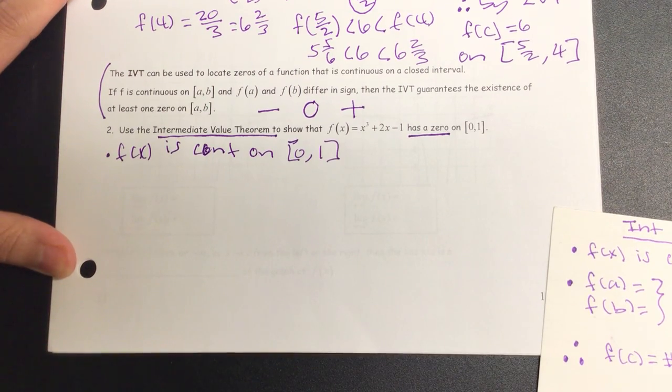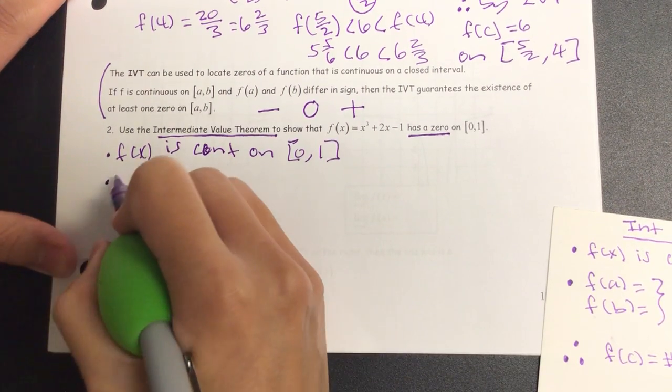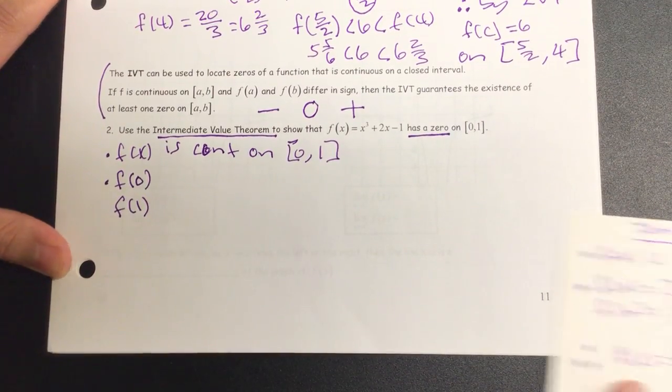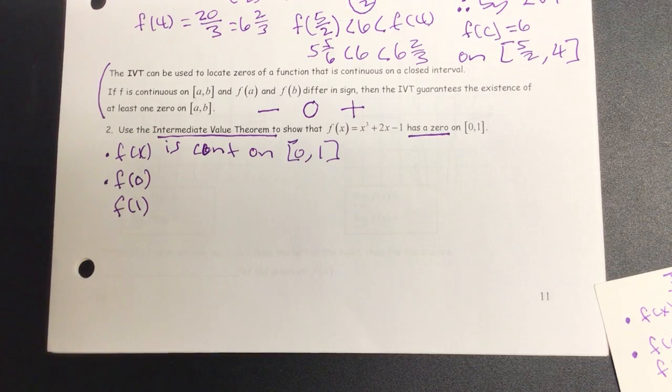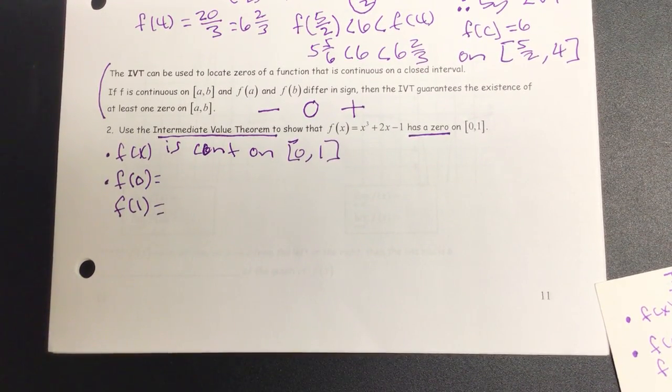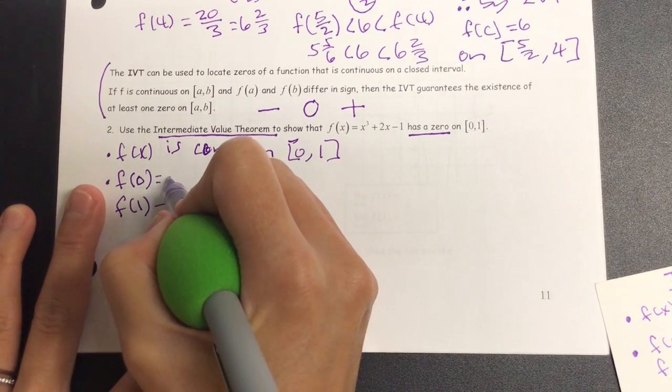The second thing that we need to do is plug in what 2 numbers? F of 0 and f of 1. So go ahead and plug those 2 numbers in. At f of 0, what is the value? -1.